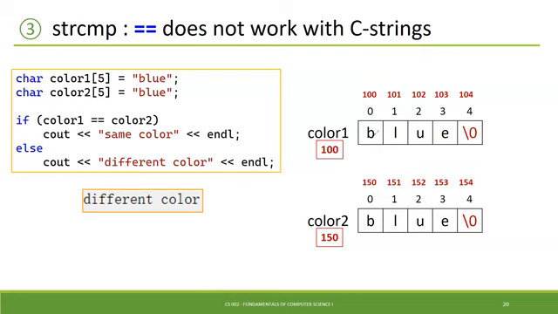For example, you must check whether the first letters are the same. If they are the same, move on to the next. Check whether the next letters are the same. If they are the same, move on to the next one. Then the computer will check whether the next letters are the same. And look at this one. This is the last letter because it is null, right?